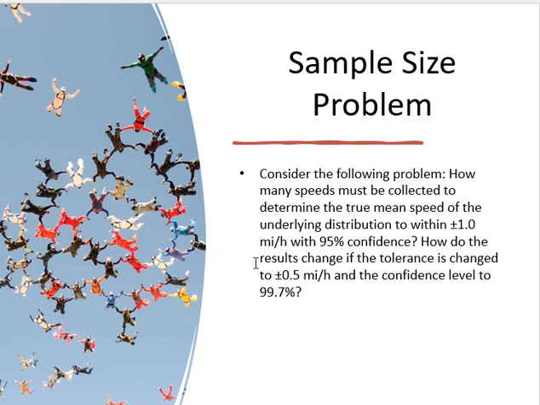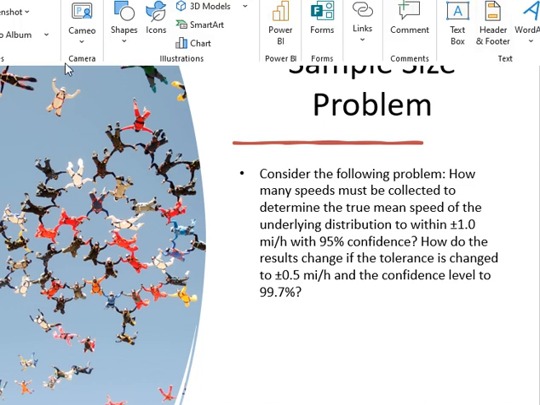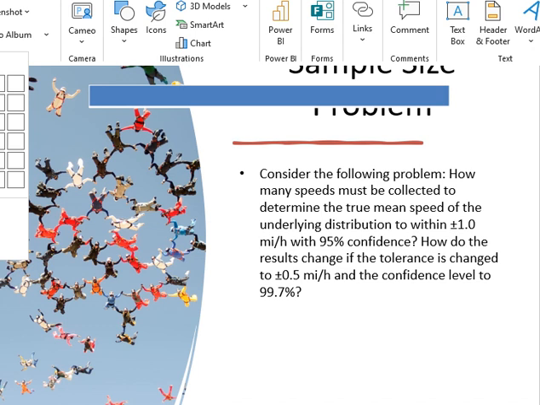Now for example, we take this question in which we have to calculate the number of speeds, and we have to be accurate within plus minus 1, so it becomes my tolerance level, and with 95% confidence, and then we can change the tolerance to 0.5 and the confidence interval to 99.7. So let us see what will happen if we have these results.